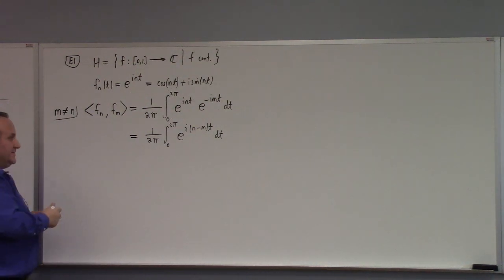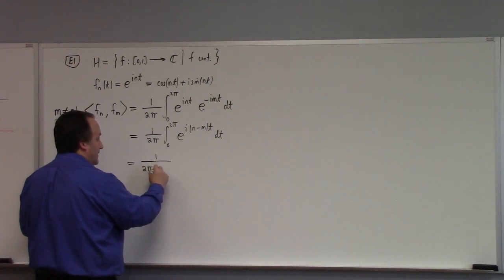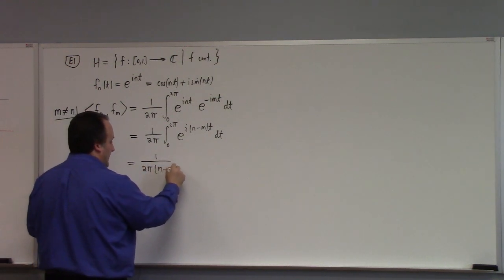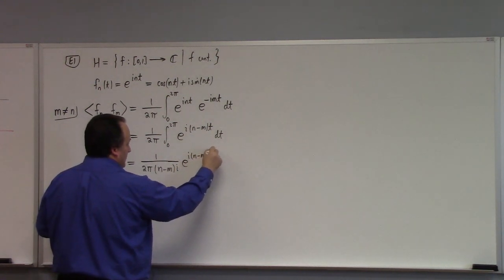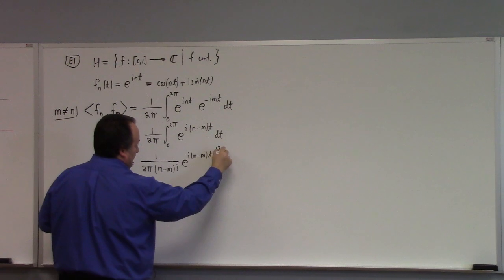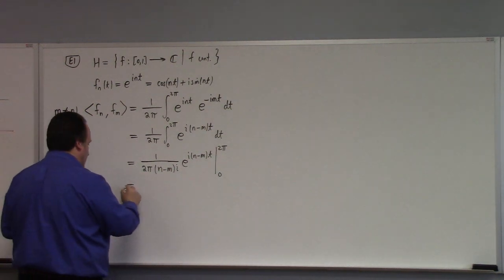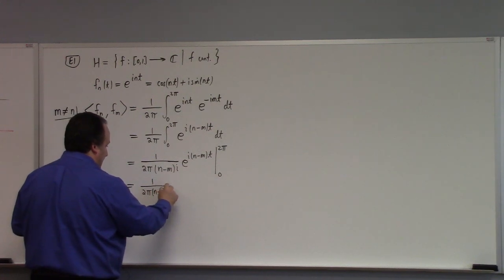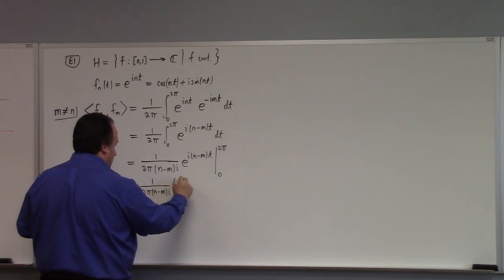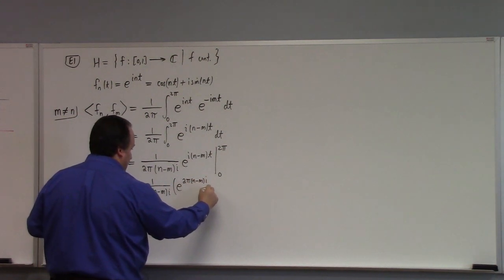And indeed, calculus works just like you'd hope. So this is actually 1 over 2 pi times (n minus m) times i, times e to the i(n minus m)t, evaluated from 0 to 2 pi. You get 1 over 2 pi(n minus m)i times (e to the 2 pi (n minus m) i minus 1).